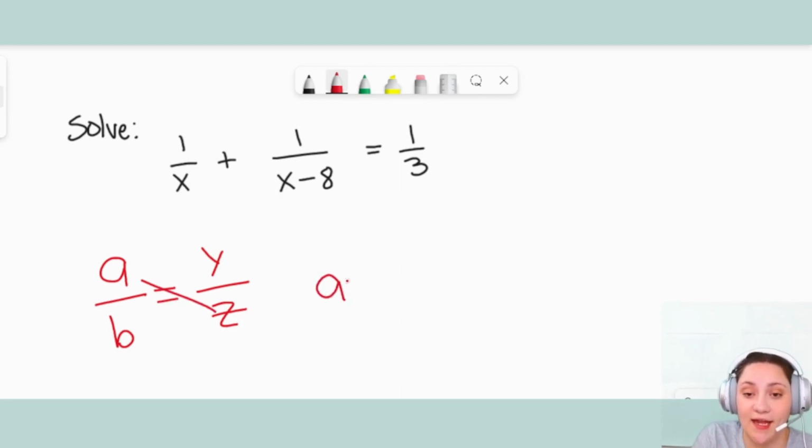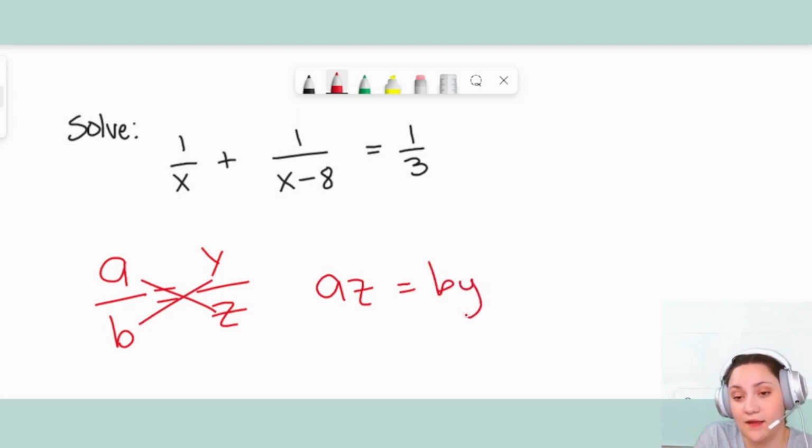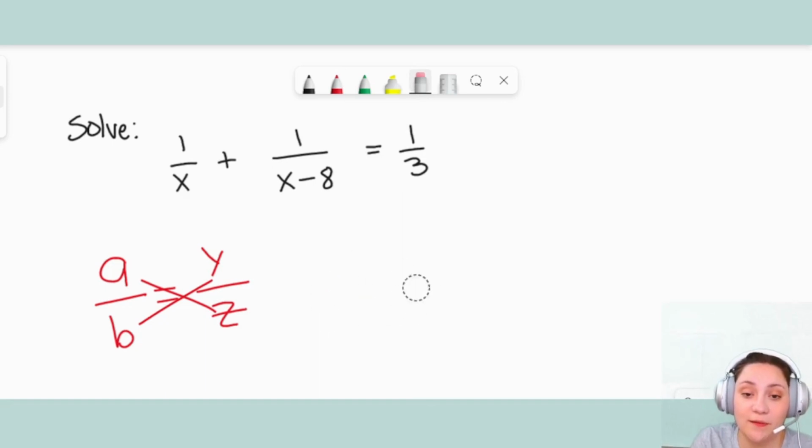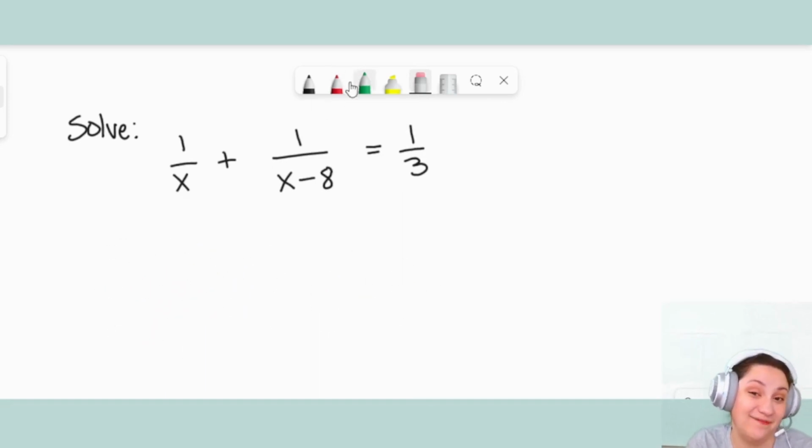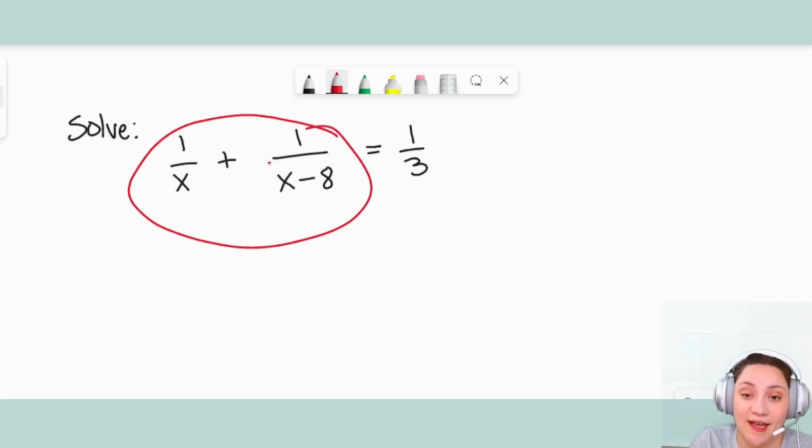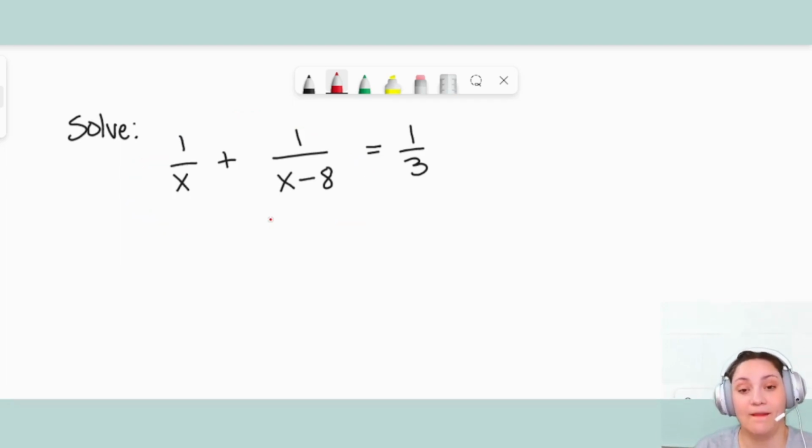We can say that a times z is equal to b times y. But we can't cross-multiply if we have more than one fraction on either side of the equation. And on this side of the equation, we have two fractions. So either we need to combine them together with a common denominator, or we need to use a different technique.